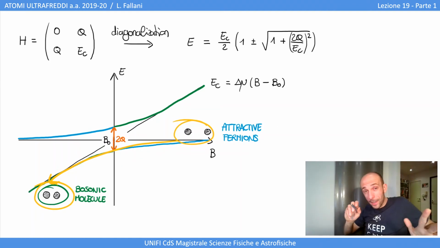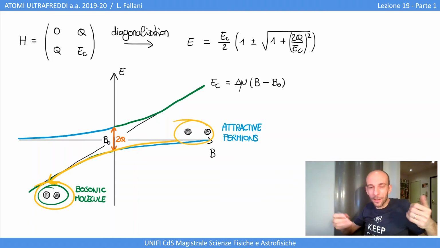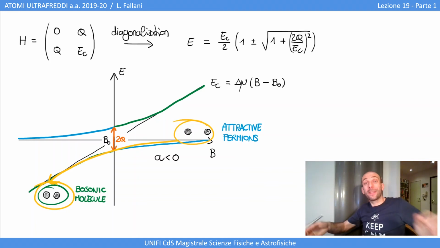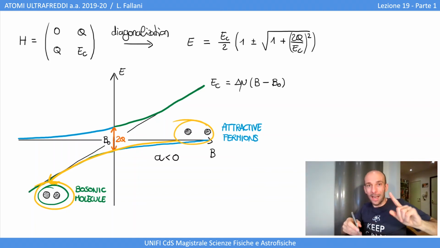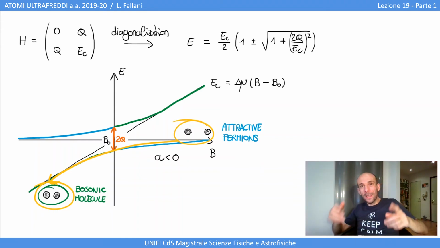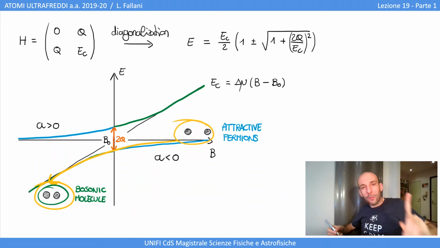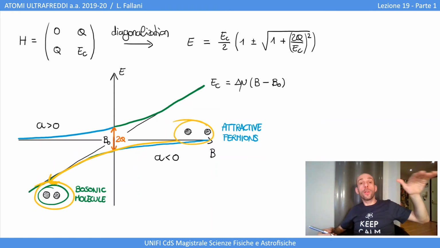To be more precise, if we recall the analysis that we did in terms of scattering length, we find that for B larger than B0, the scattering length is negative, so attraction between the particles in the scattering state. Instead, for B lower than B0, the scattering length is positive, but this positivity of the scattering length refers to the scattering state that is not the lowest energy solution for the problem.